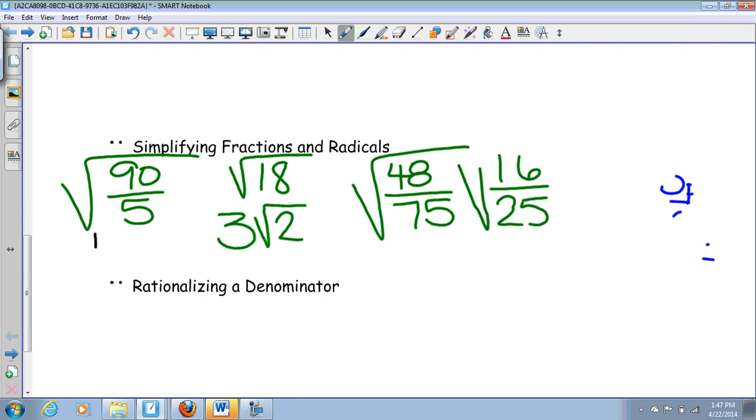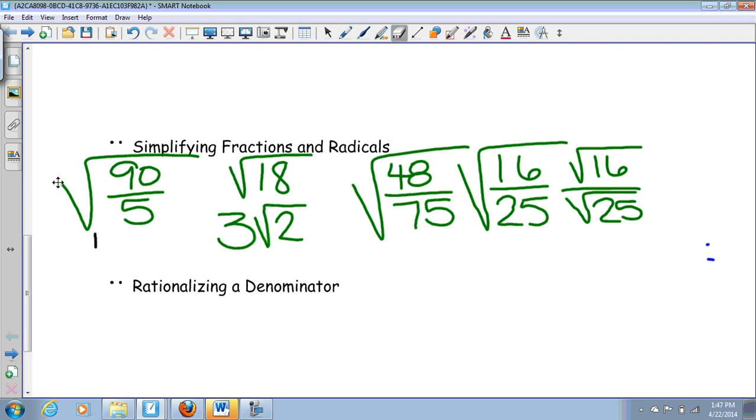So it's the square root of 16 over 25. Well, that doesn't simplify, so let's go back to what we did before. The square root of 16 over the square root of 25, and we get the result 4/5. Simplifying fractions and radicals.